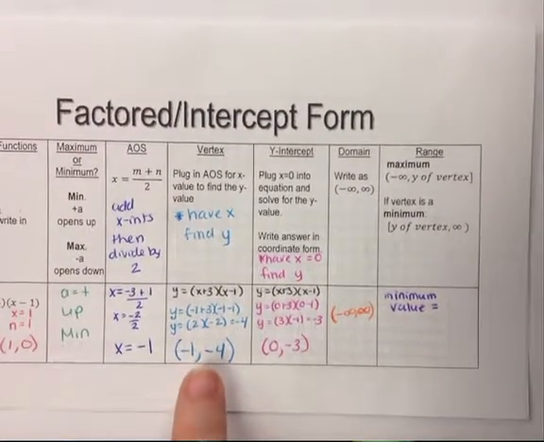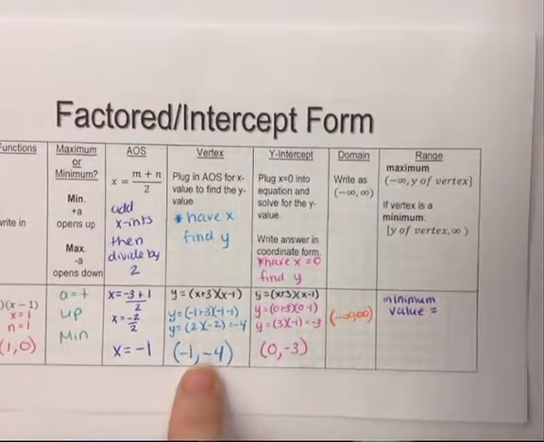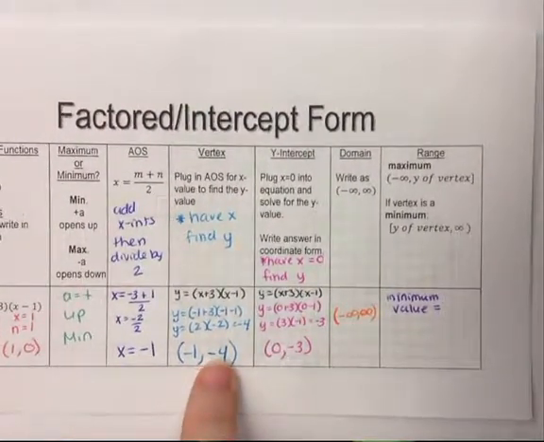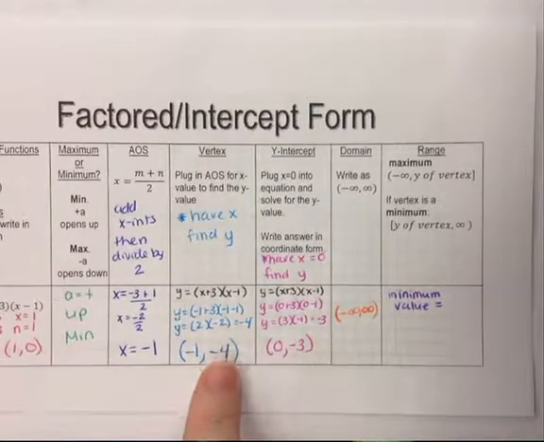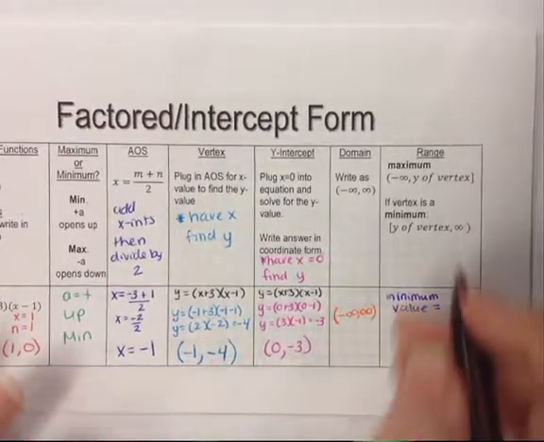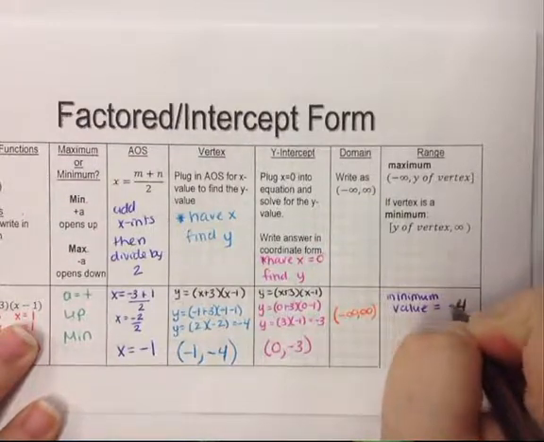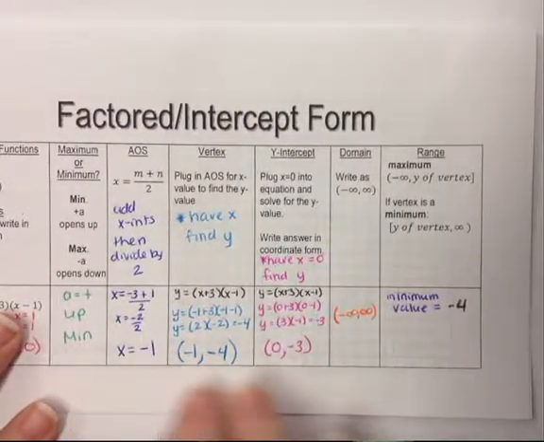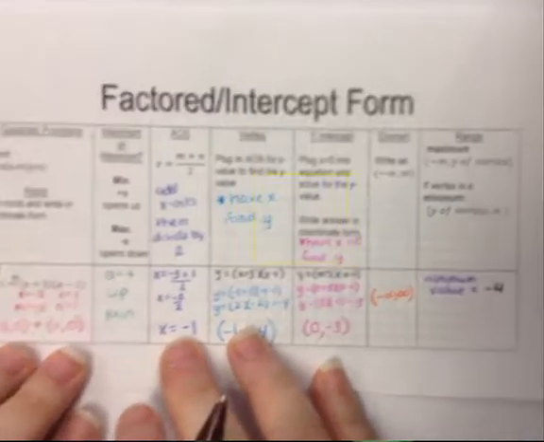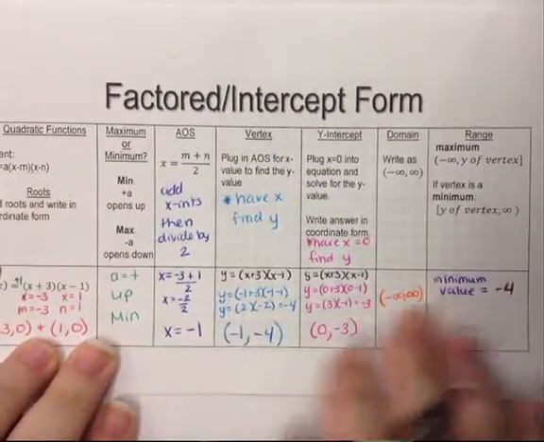The vertex is always the lowest or highest point. So in this case, whatever the y value is, because the range is y values, it'll be of your vertex. So the minimum value is negative 4. So as long as you can find these pieces of information, you will always be able to answer all of these questions.